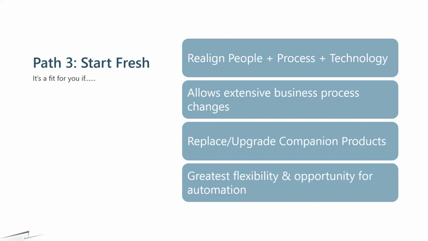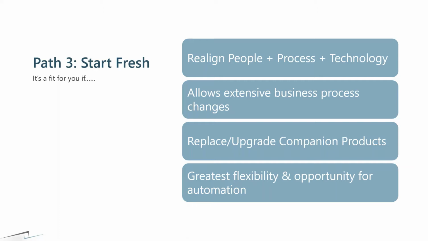Sometimes that means using 2 companion products instead of 1 to get just the specific functionality that you need. In any case, starting fresh is a great option if you need to replace or upgrade those companion products. The last piece I would emphasize here is that this option allows you the greatest flexibility and opportunity for automation as part of the project.